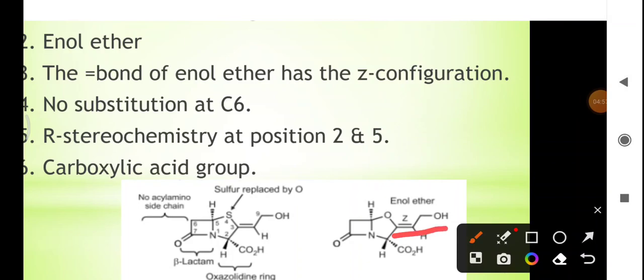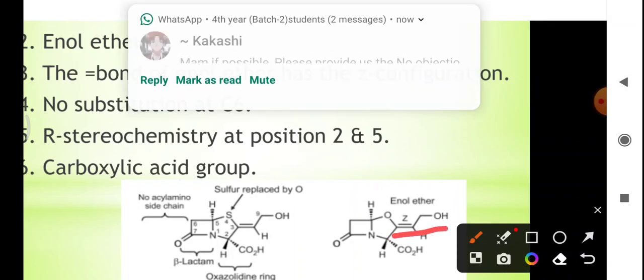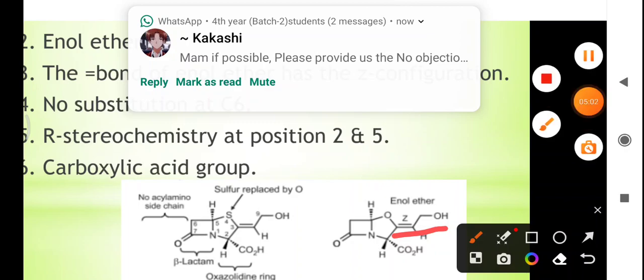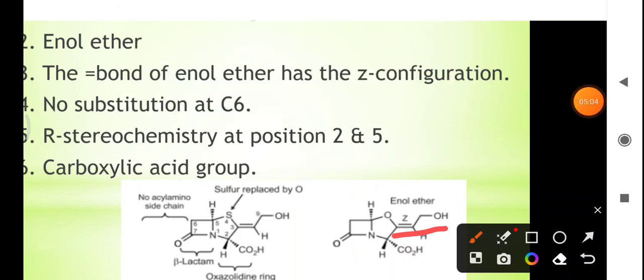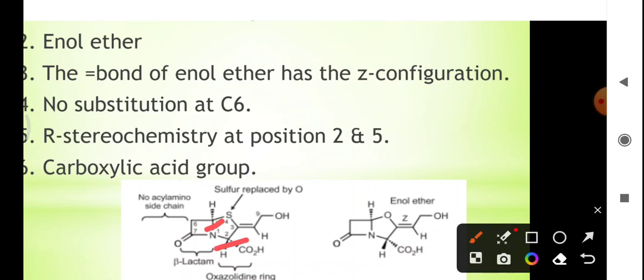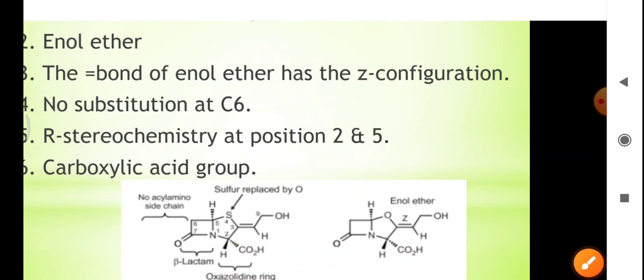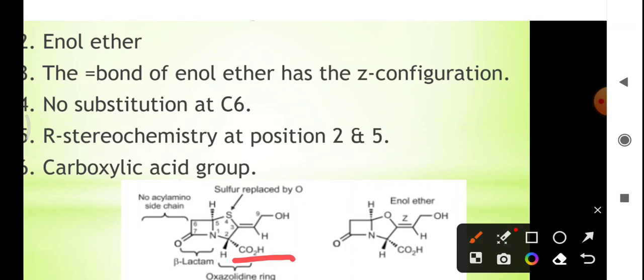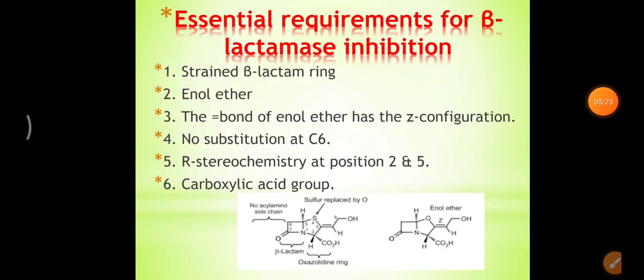There is no substitution at the C6 position, that is, there is no acylamino side chain at the 6th position. The stereochemistry at the 2nd and 5th positions is R stereochemistry, and there is also the presence of a carboxylic acid group in the structure. So these are the essential requirements for beta-lactamase inhibition.